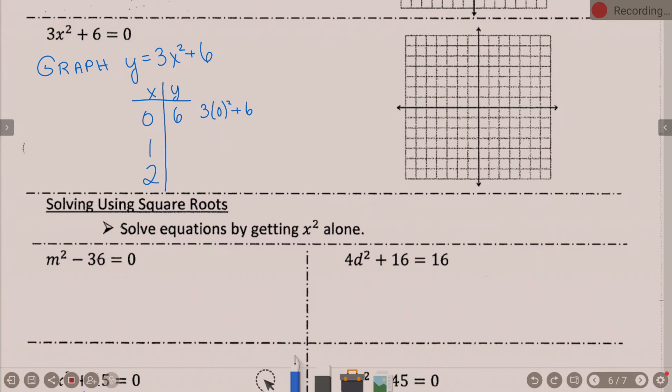Now, repeat the process using 1. 1 squared is 1 times 3 plus 6. And repeat the process using 2. 2 squared times 3 plus 6.